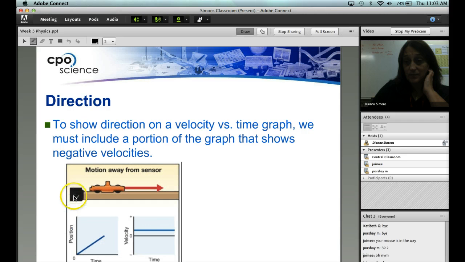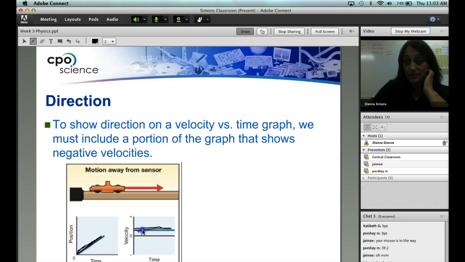Okay, so to show the direction on a velocity versus time graph, we must include a portion of the graph that shows negative velocities. What we have here, it's kind of hard to see, is position versus time. Since we have a straight line right here, our velocity is constant.